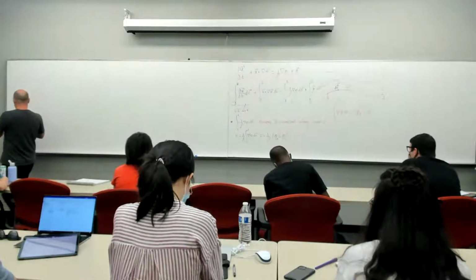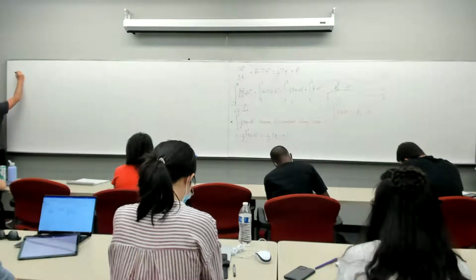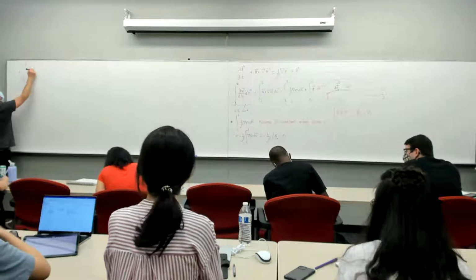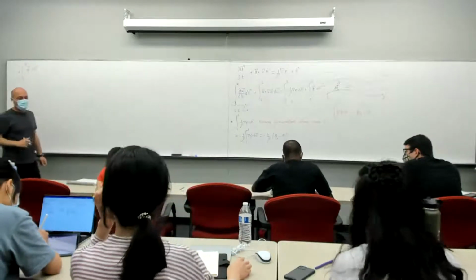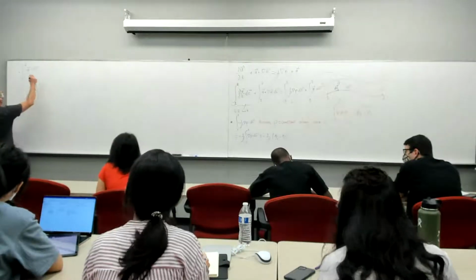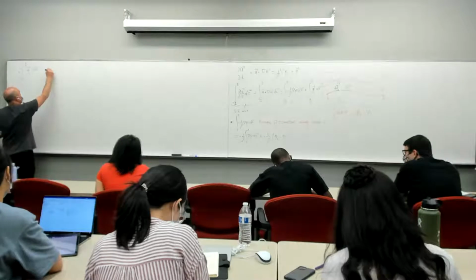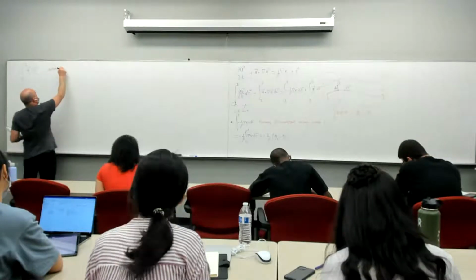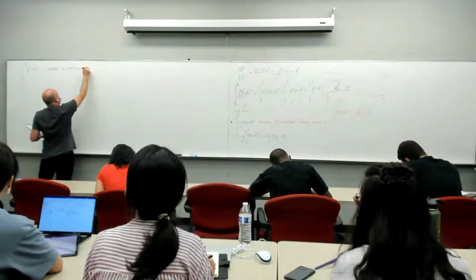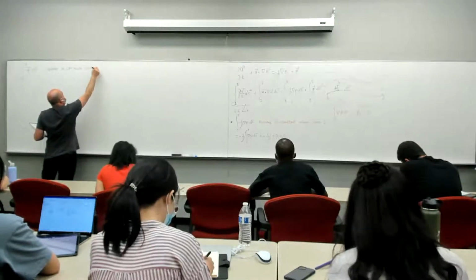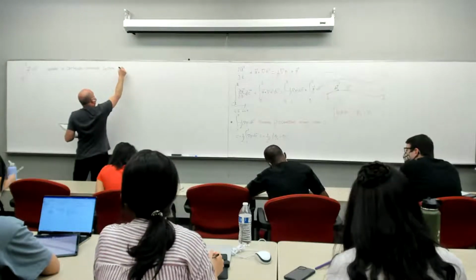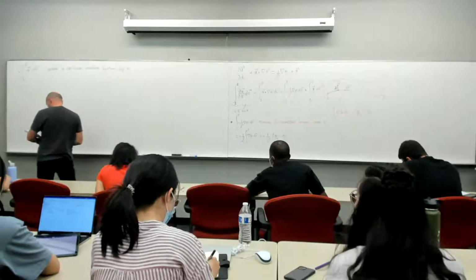Okay, integral from 1 to 2 of G dot dc. Now for simplicity, consider a Cartesian coordinate system, x, y, z.